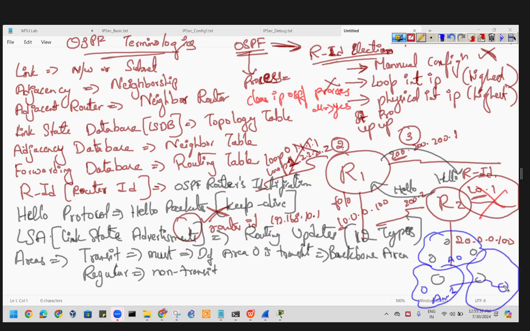Apart from area 0, all other areas are regular areas. Even if I directly connect them together, they will not be able to communicate directly. They will communicate via the transit area only. Two regular areas cannot communicate directly, so it depends on the transit area.